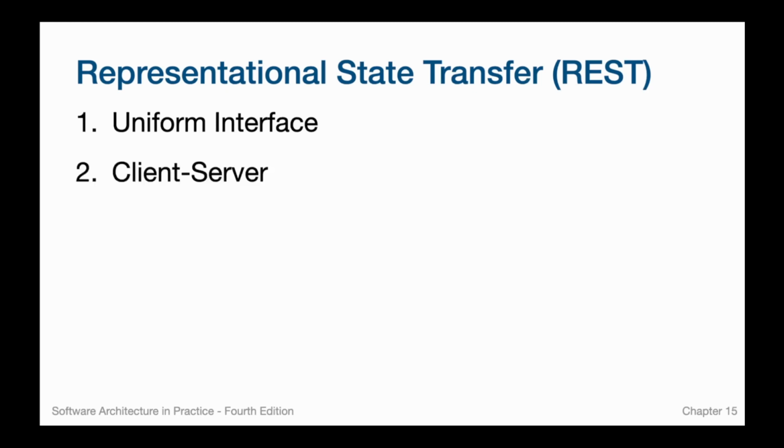We've got the client server. This is where the actors are clients and the resource providers are servers, and they use the client-server pattern that we talked about earlier on. Stateless. All client-server interactions are stateless. The client should not assume that the server has kept any information about the client's last request.